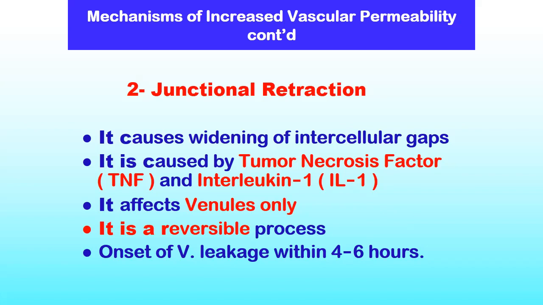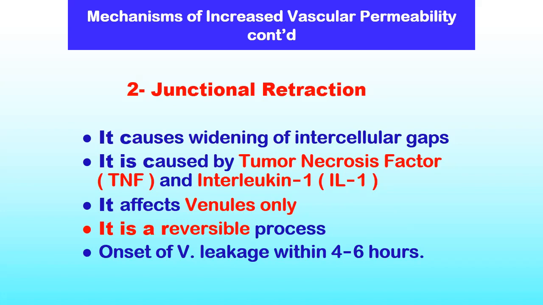So, the differences between this mechanism and the first mechanism of endothelial cell contraction are in the type of chemical mediators which induce or cause the increased vascular permeability, and in the onset of vascular leakage. In the first mechanism, the vascular leakage begins immediately after injury, and it is caused by histamine, serotonin, bradykinin, and other chemical mediators.